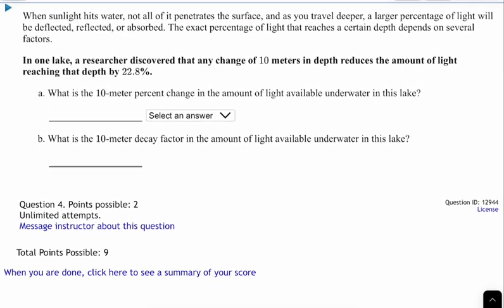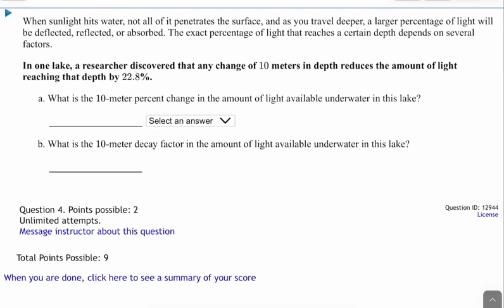And then we just have one last little piece here. It says, when sunlight hits water, not all of it penetrates the surface. As you travel deeper, a larger percentage of the light will be deflected, reflected, or absorbed. The exact percentage of light that reaches a certain depth depends on several factors. In one lake, a researcher discovered that any change of 10 meters in depth reduces the amount of light by 22.8%. What is the 10-meter percent change in the amount of light?